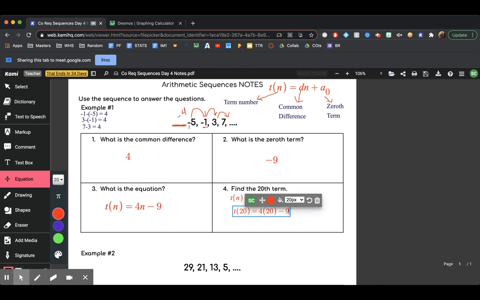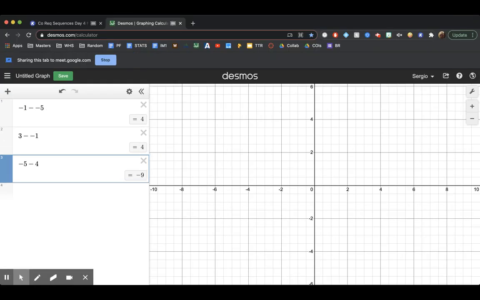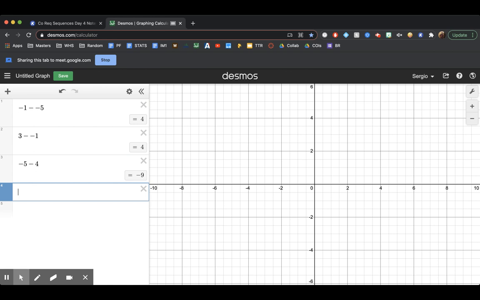I can copy this and go to my calculator, Desmos. It's always good to use your resources so that you are for sure completing this problem correctly. And that tells me that the number is 71.